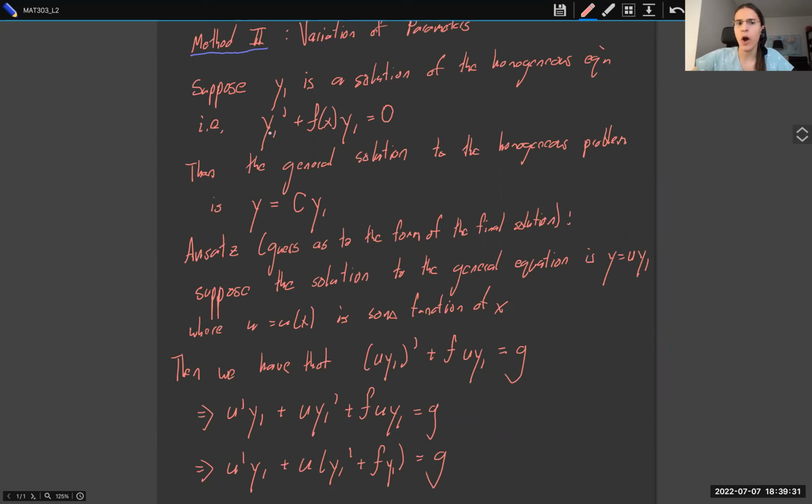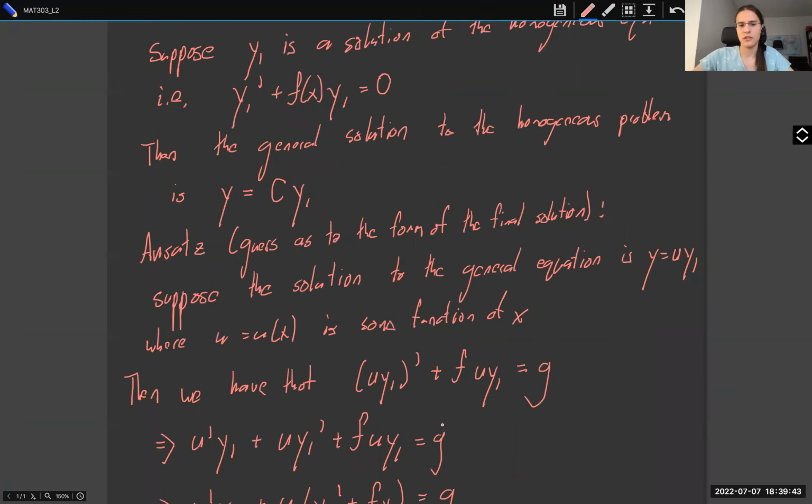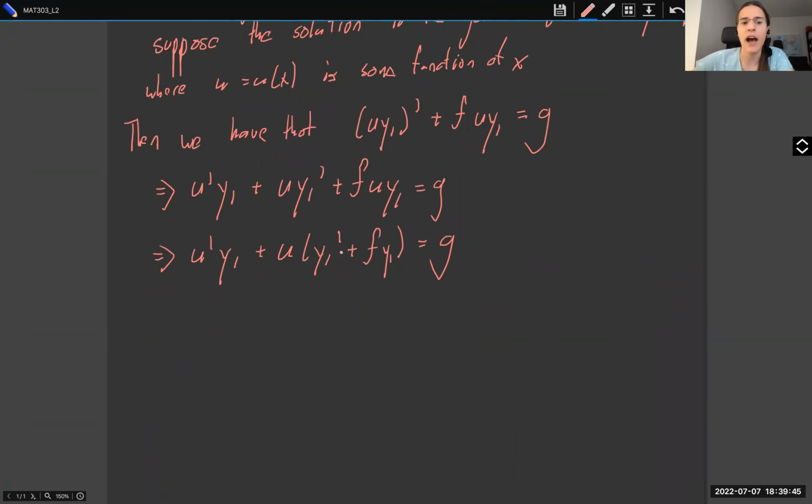So that says that y1 prime plus f y1 is 0, right? But look at what we have in this expression. Here we have y1 prime plus f of y1. So that's 0. So our assumption that y1 is a solution of the homogeneous equation means that this is 0, right? So that's the key trick.